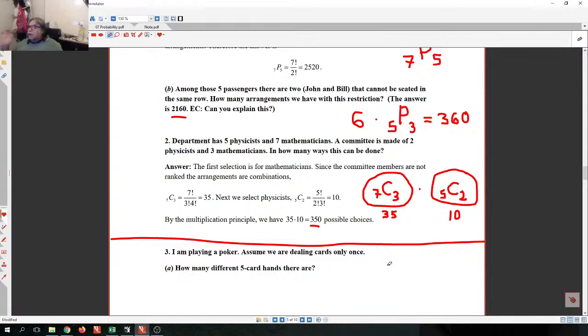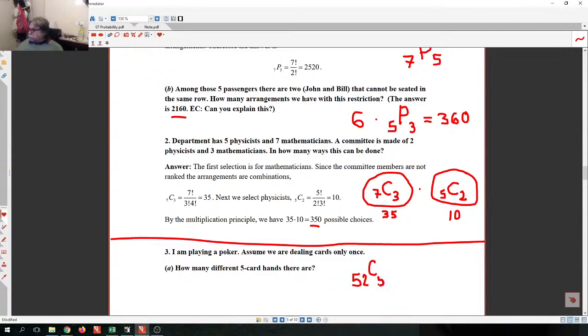In some card games it matters, but in poker it doesn't matter. So this is 5-card hands when the order doesn't matter, which means that we have our answer. It's 52 chooses 5 combinations.